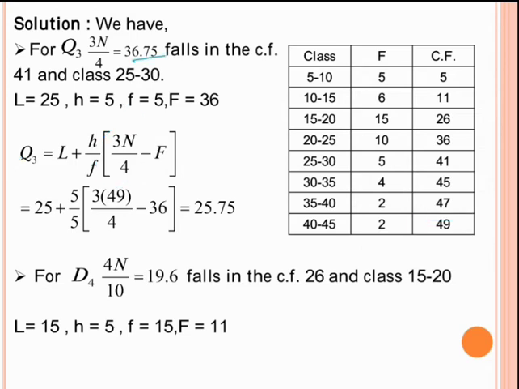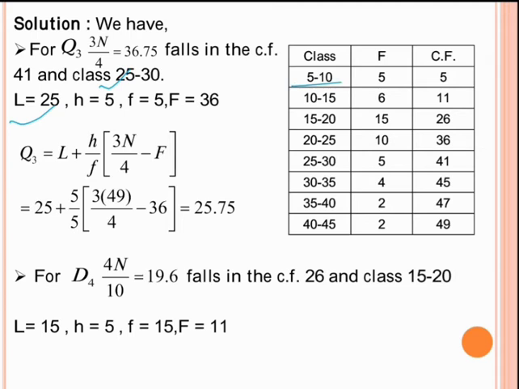Now what we will do is see where this comes in cumulative frequency. It must be after 36, right? So after 36, what is your class interval? 25 to 30. So this is our class interval. And what is the cumulative frequency we are taking here? 41. But here we are not needing this for a moment. So L will be what? 25. H is what?